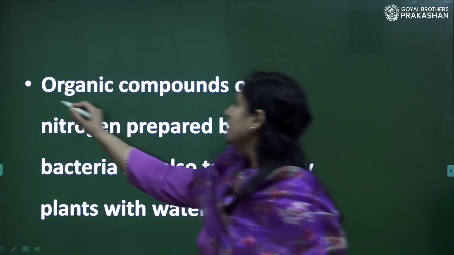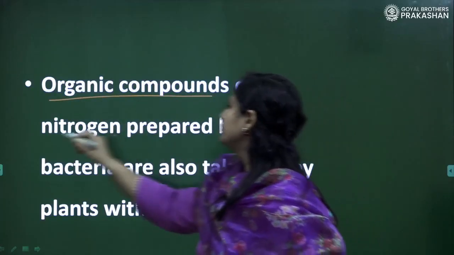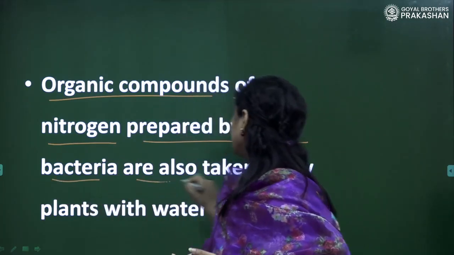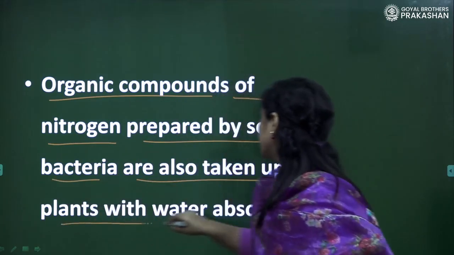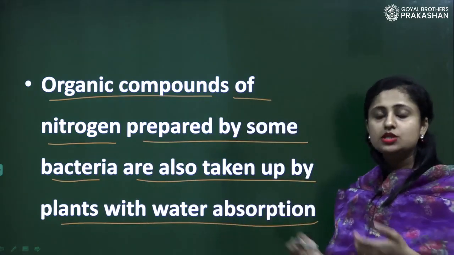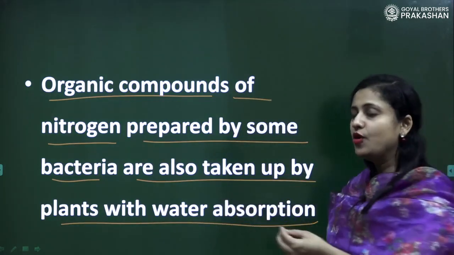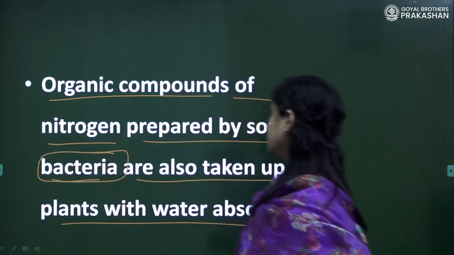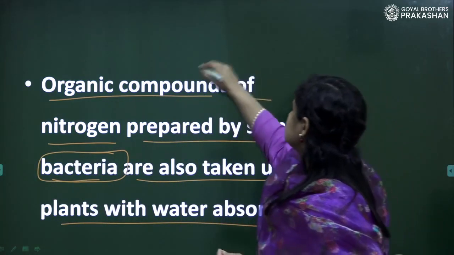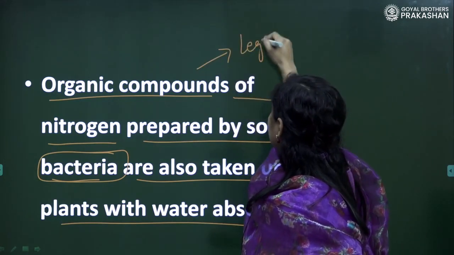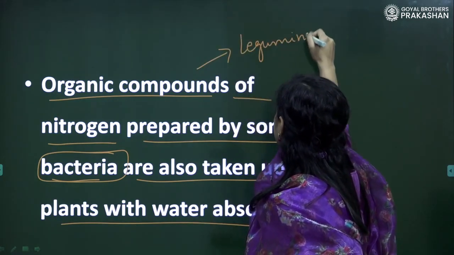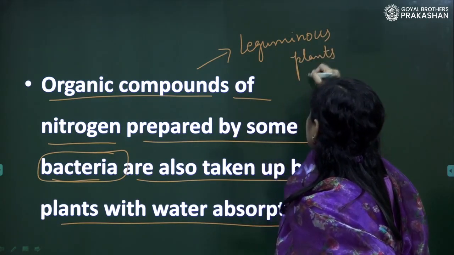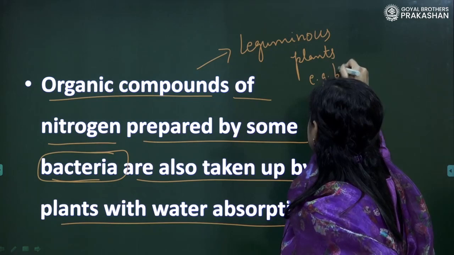Now, organic compounds of nitrogen prepared by some bacteria are also taken up by the plants with water absorption. So here is the thing for this bacteria. This is about the leguminous plants, for example, beans.